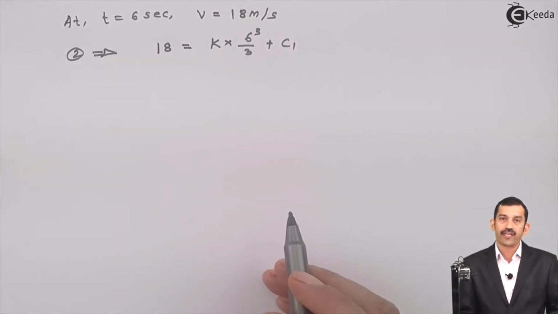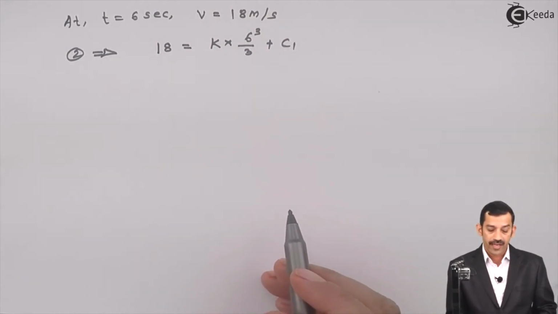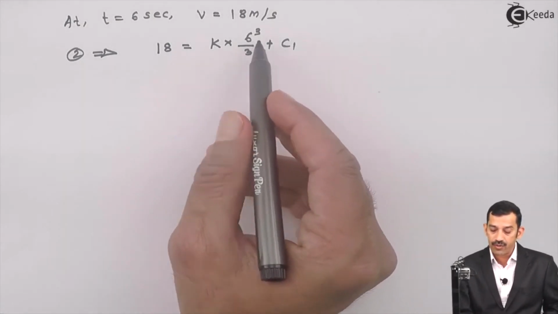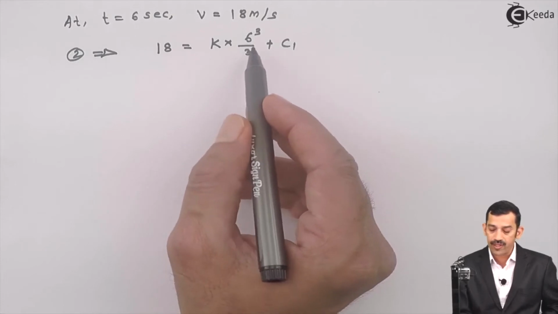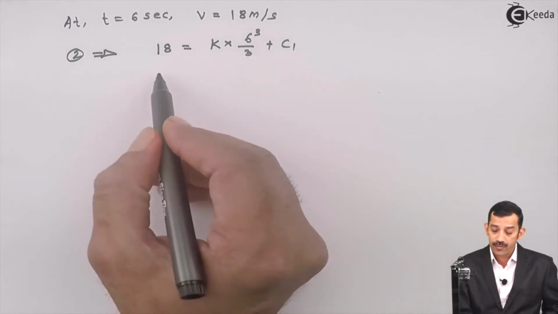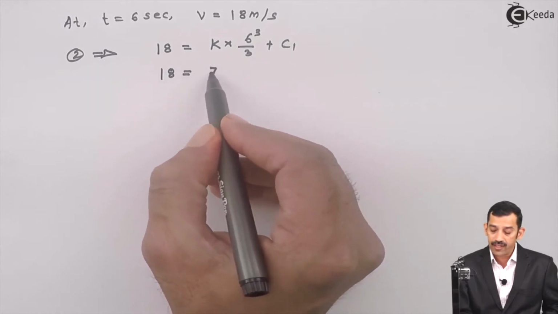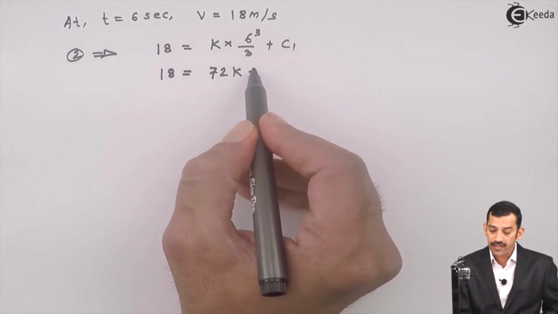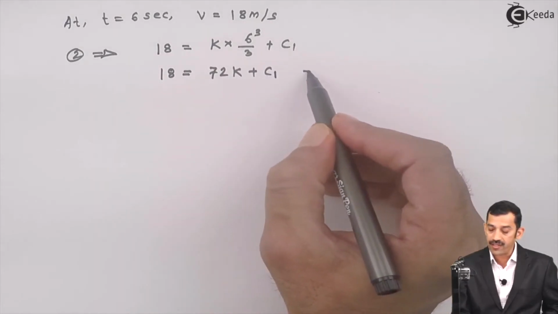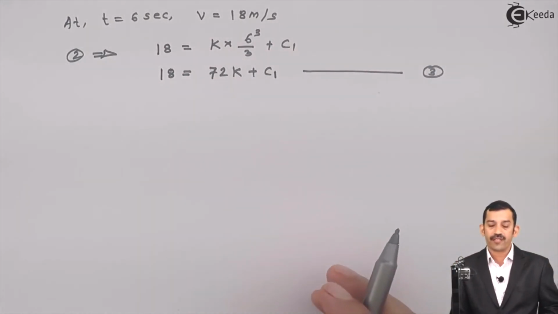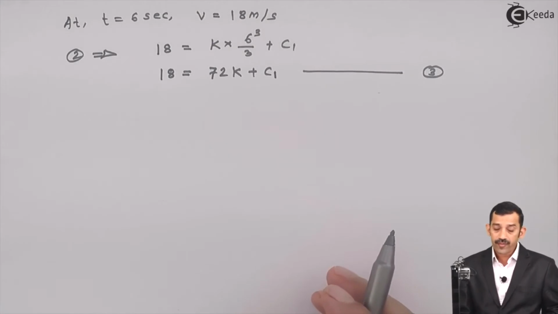That is a relation between k and c1. 6 cube divided by 3 comes out to be 72, therefore this equation becomes 18 equals 72k plus c1. Say this is equation number 3. That means c1 directly is not possible.